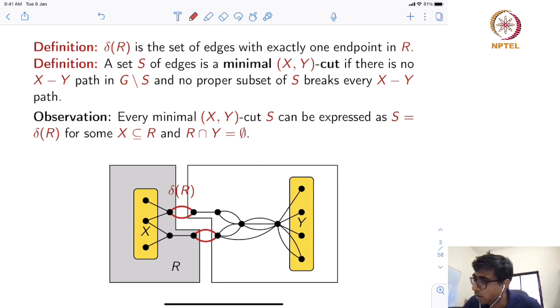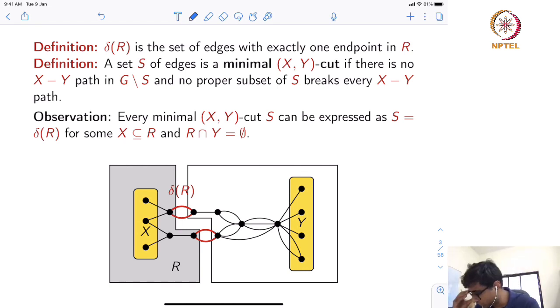What we did first was that we defined this notion of delta R, which was basically the set of edges with exactly one endpoint in R. Then we talked about minimal XY cut, which is a set of edges such that there is no path from a vertex in X to a vertex in Y, and no proper subset of S does this job. Meaning, if you only delete a proper subset of edges of S, then there will be a vertex in X and a vertex in Y such that there will be a path.